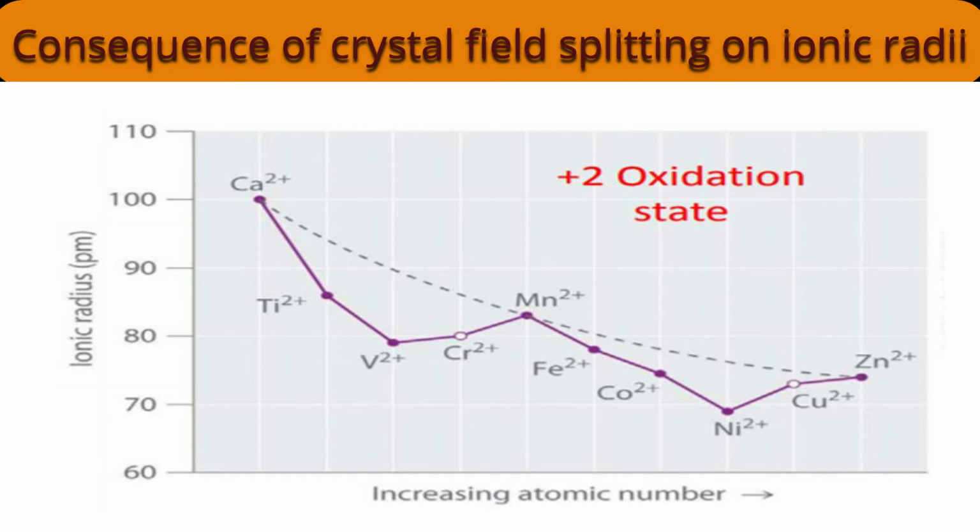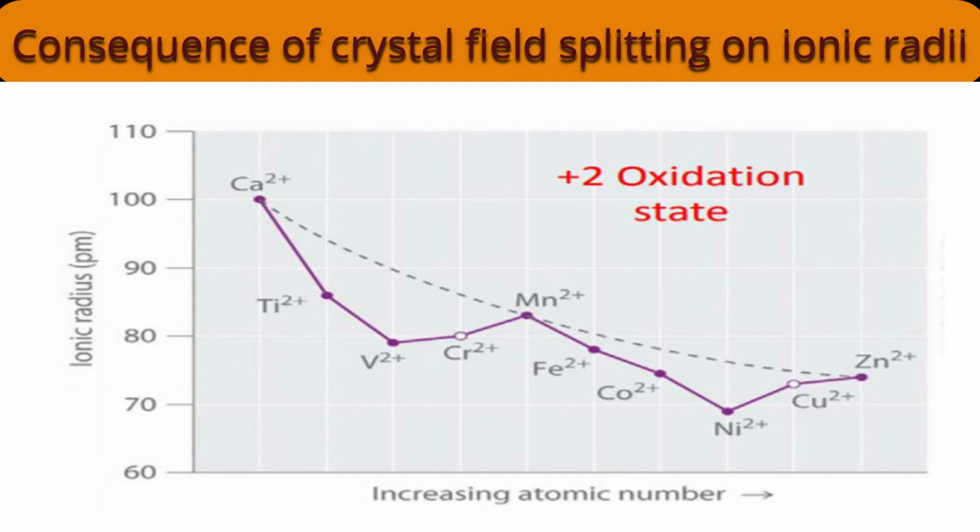So compared to titanium plus 2, vanadium plus 2 is further smaller. Rather than the expected dotted line value, a considerable decrease is there in the size of vanadium plus 2. And if you observe in the first half, vanadium plus 2 is the smallest cation, and that is possible only and only by consideration of crystal field splitting and electron distribution.